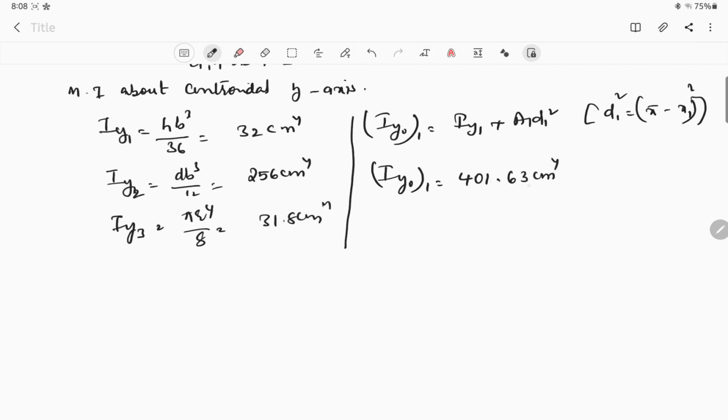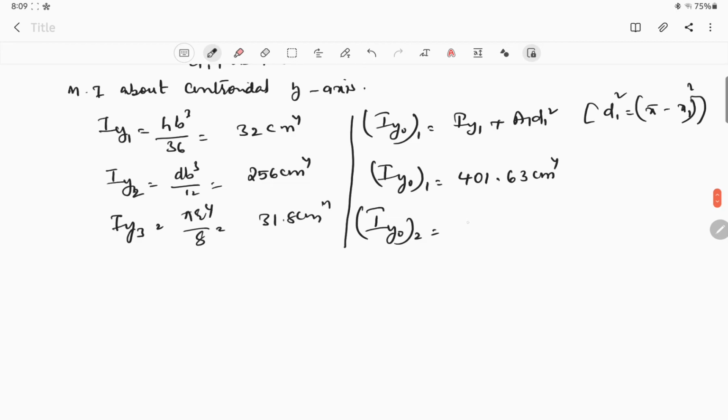So we'll get the value of Iy0 of first element as 401.63 centimeter power 4. Similarly, if you calculate Iy0 of second element, we'll get it as 258.32 centimeter power 4. Then similarly, Iy0 of third element is equal to 459.3 centimeter power 4.